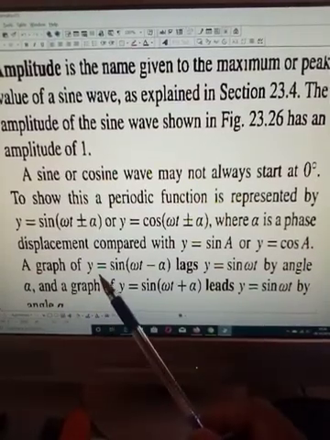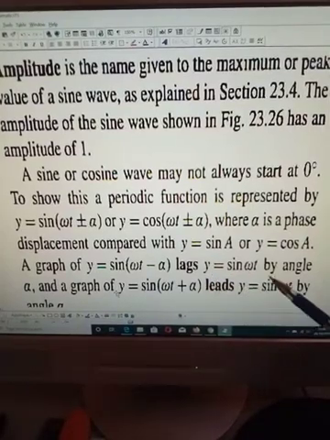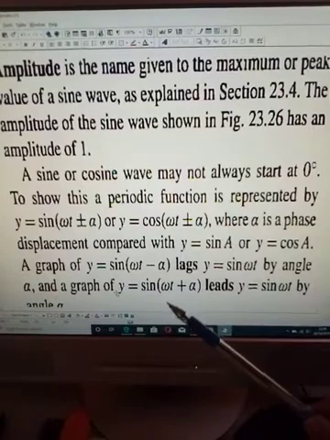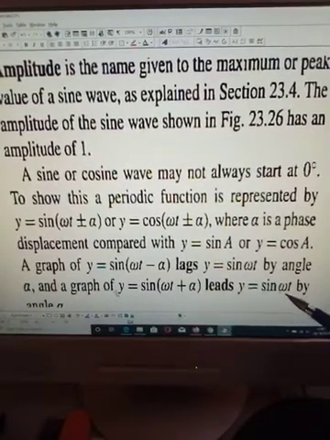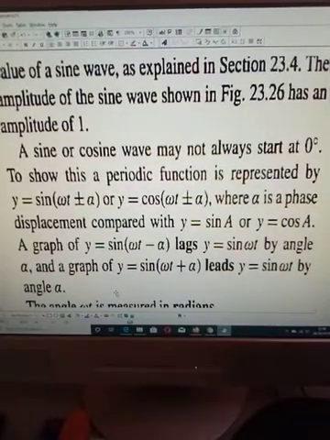A graph of y equals sine omega t minus delta lags y equals sine omega t by angle delta, and a graph of y equals sine omega t plus delta leads y equals sine omega t by angle delta.